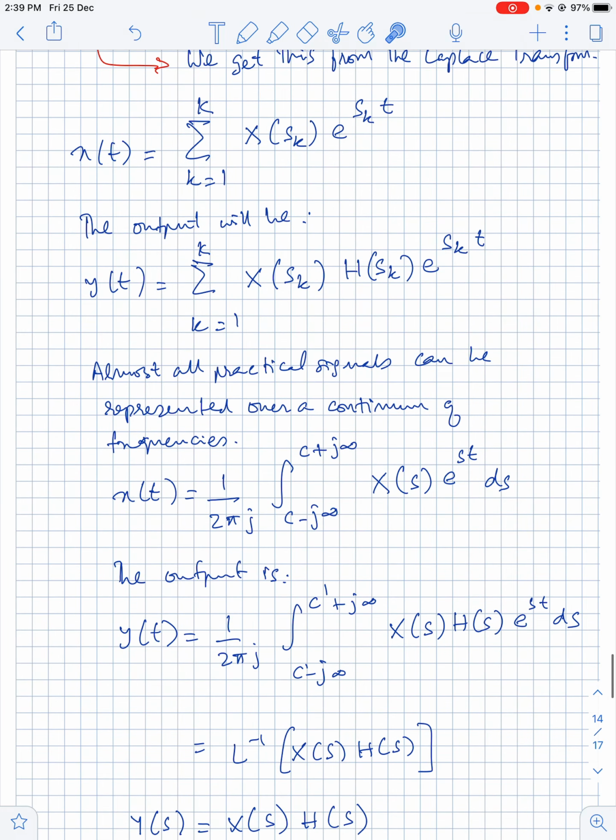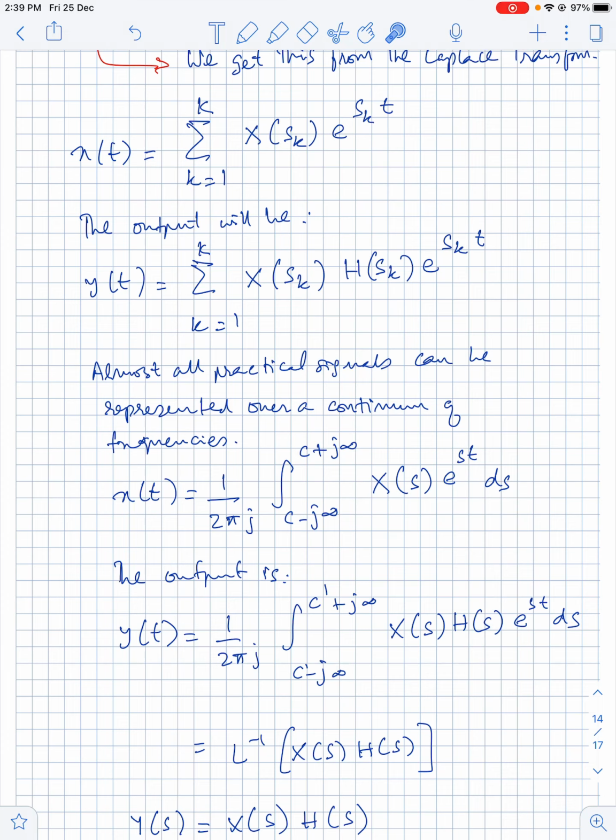And not only that, practical signals like this can be represented not by a discrete combination like this, but by a continuum of frequencies, a continuum of complex exponentials where the frequency s is a continuous variable.